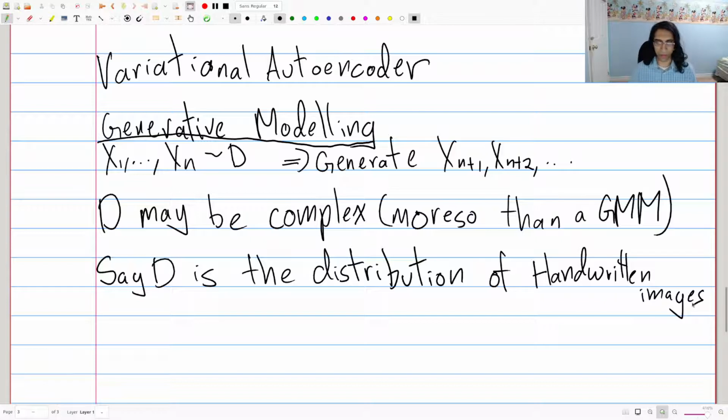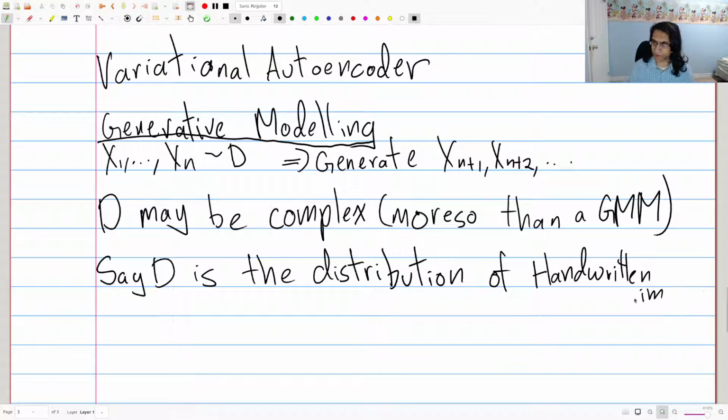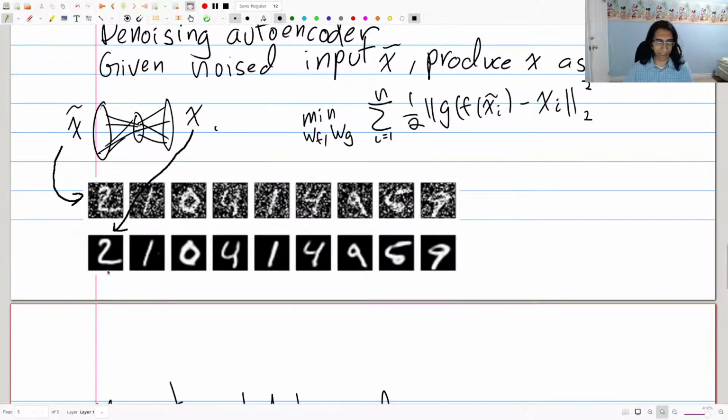Suppose I want you to draw samples from the distribution of how humans draw numbers. Handwritten, not images, handwritten numbers. Essentially, these are some samples from that distribution of numbers drawn by people.